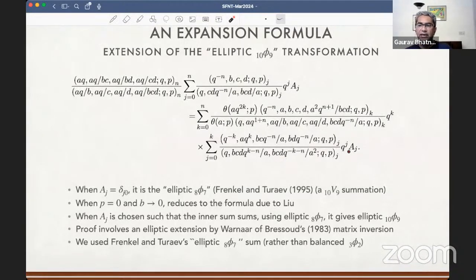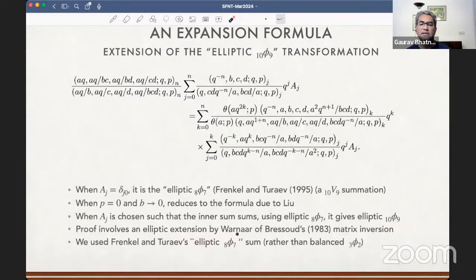So it's very linked with the two fundamental theorems of Frenkel and Turaev, a 10v9 summation and a 12v11 transformation. In the q case, they correspond to the 8phi7 summation, which is the q-analog of Dougall's result, and a 10phi9 transformation, which is due to Bailey.